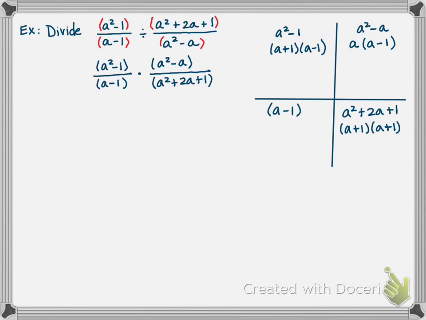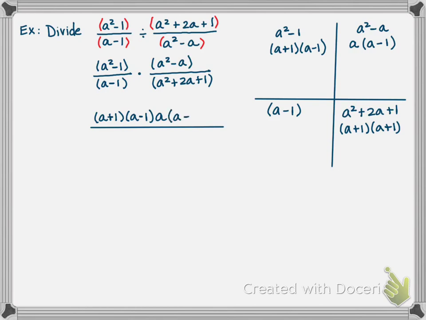So now I'm going to put everybody back in their place, one big fraction, and we have a plus 1 times a minus 1 times a. I don't have to put that a in parentheses in this case because it's not negative, so there's no risk of me mistaking that for addition or subtraction rather than multiplication.